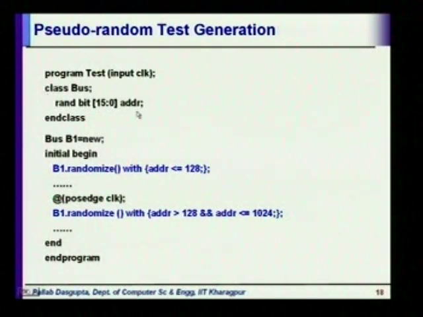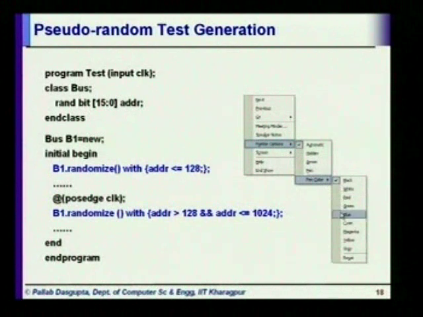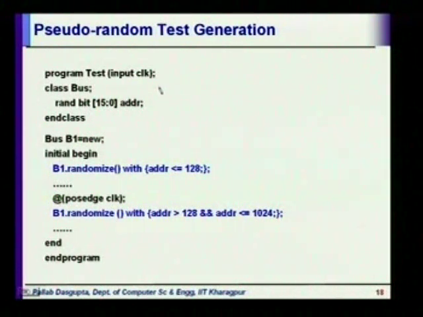So, in SystemVerilog you can define a class like this, okay, which represents this data, right. And then here we are defining B1 to be a bus of this type, right. So, equal to new means this is the constructor, right. So, now B1 is a bus, right.